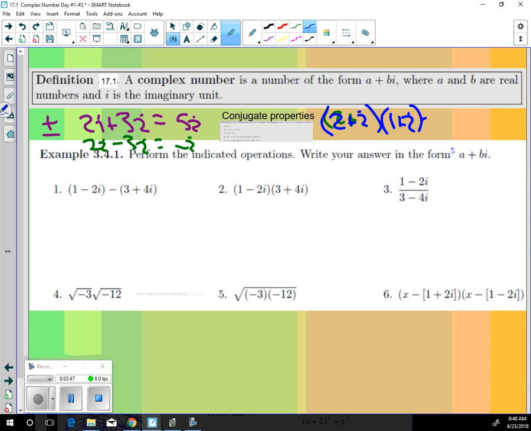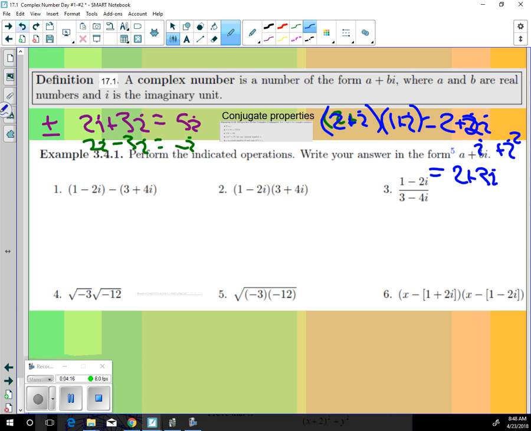You can multiply 2 plus i times 1 plus i. Okay? This will be 2 times 1 is 2. 2 times i is 2i. And then what is i times 1? i, and then i squared. Now when you add these up, you're going to get 2 plus 2i plus i is 3i.